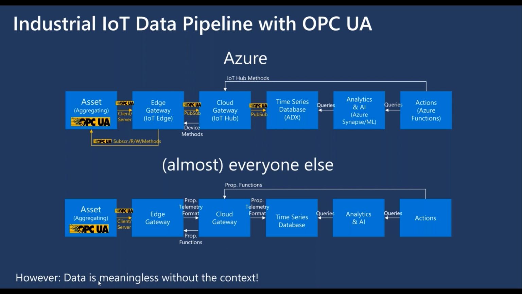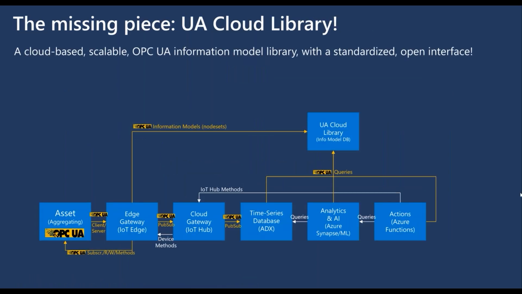There's a bit of a but here. Data is meaningless without context. So where does the context come from? Obviously, the context comes from the OPC UA information model, and that's the missing piece. That's why we created the OPC UA Cloud Library Working Group, to allow data model upload to the cloud that can then be used through queries, which are also going to be standardized through OPC UA for that telemetry pipeline.